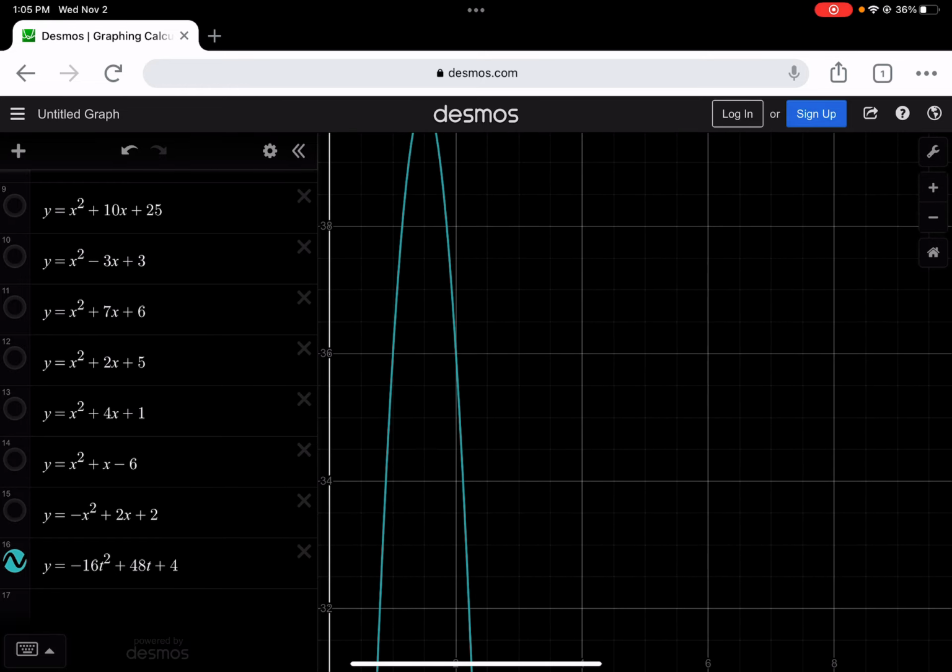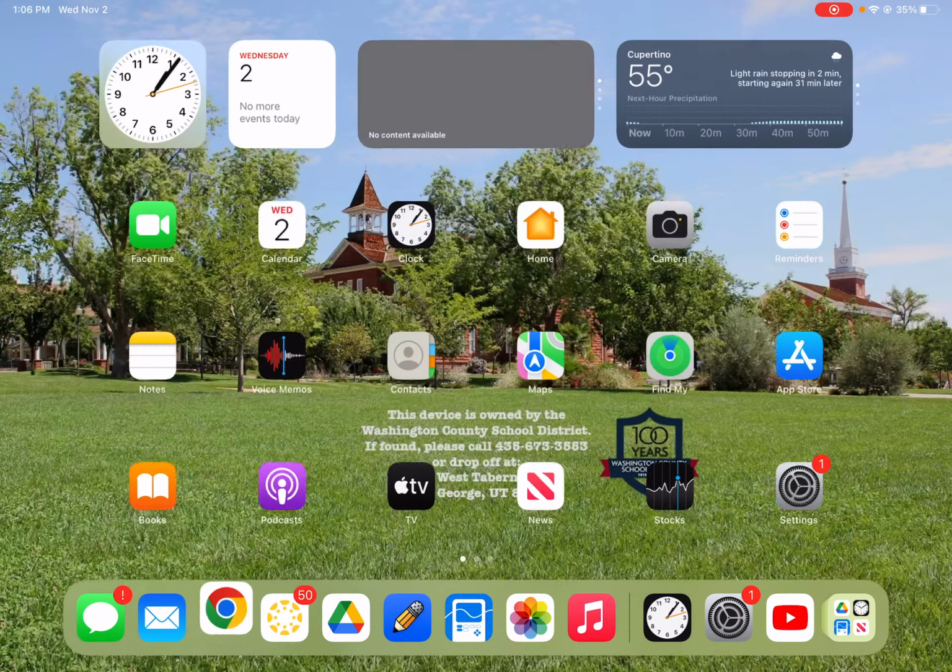Here's a cool thing about Desmos is if I click and just drag, it shows me my X's and Y's. So if I go to 2 seconds, that's right. Oh, I can't see what I'm doing very good. 2 seconds is right there. The person is 36 feet in the air. That's pretty high, right?